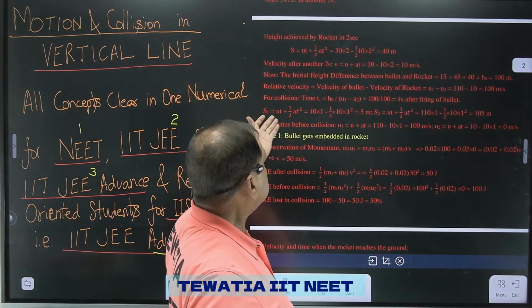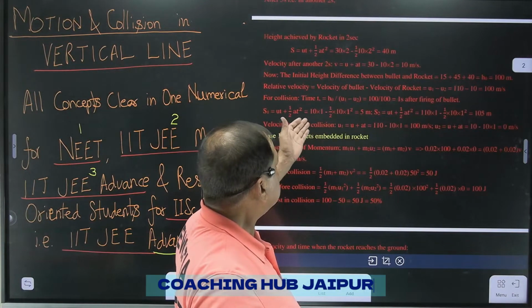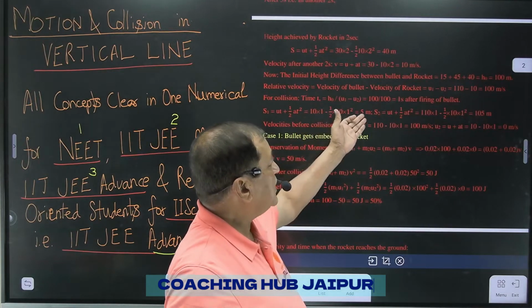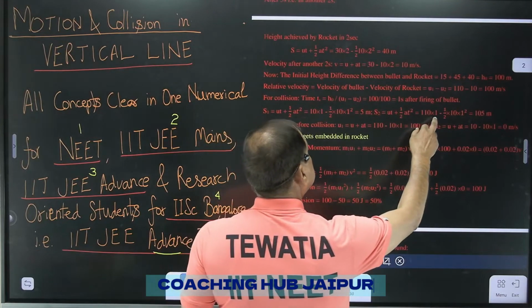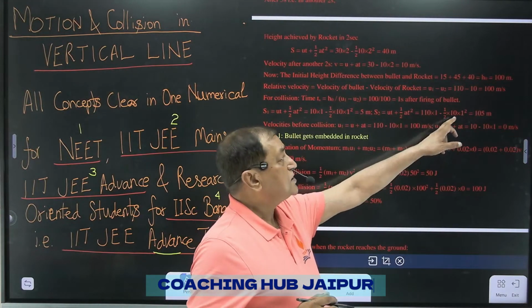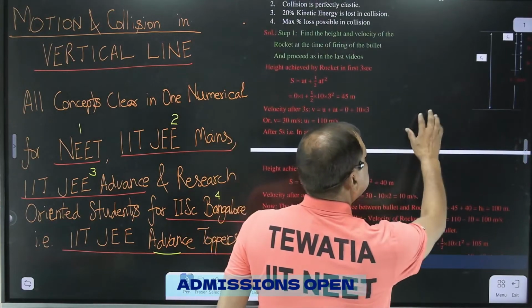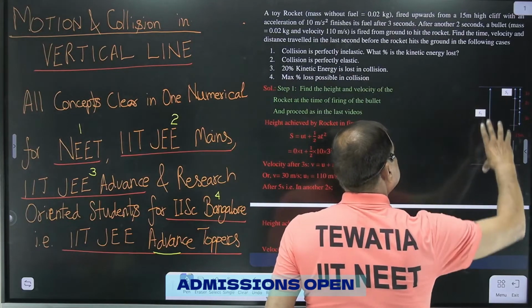So S1 is equal to ut plus half at square, which is 10 into 1 minus half into 10 into 1 square, 5 meter. That means S2 is 110, this is the height gained by the bullet when it collides, 105 meter, and this is 5 meter. We can understand it from here. This is 5 meter, this is 105 meter.